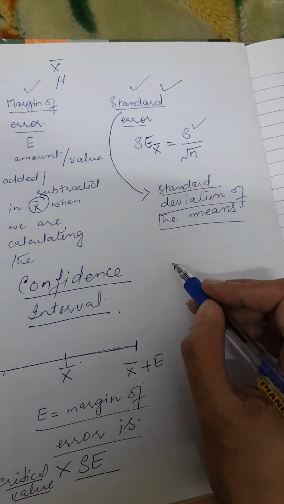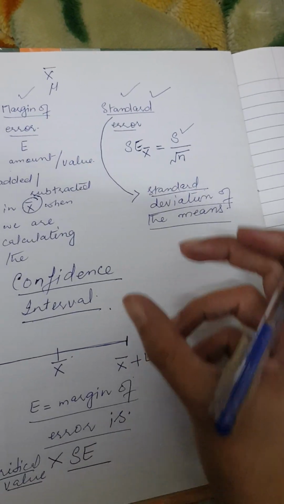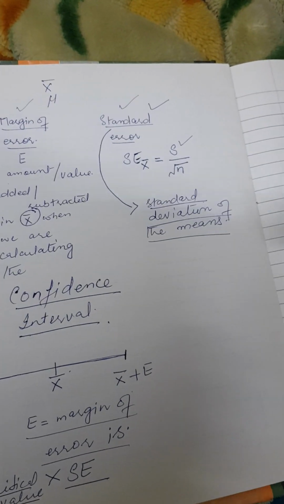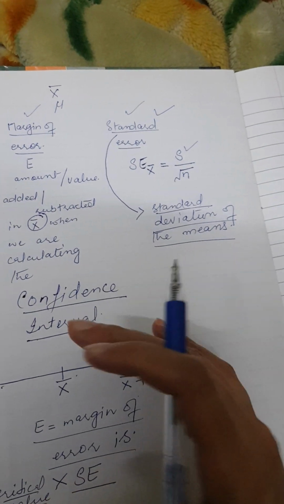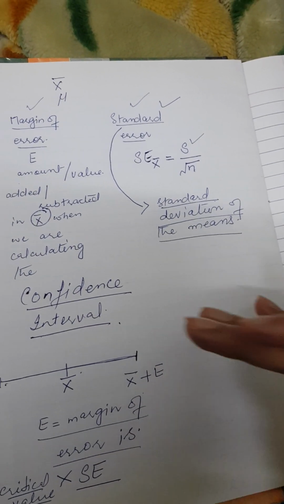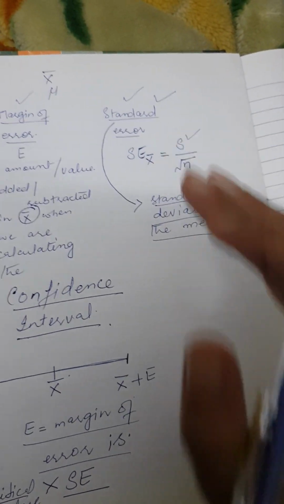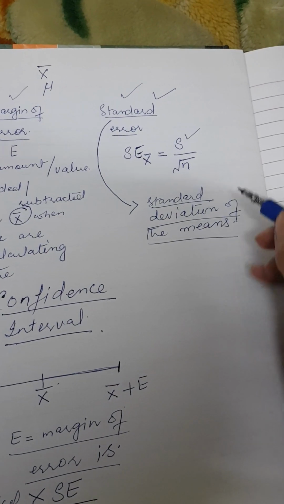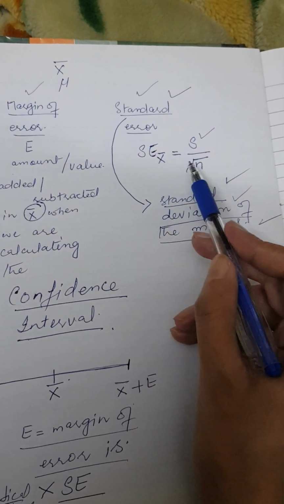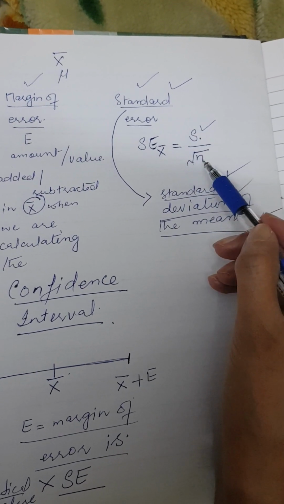Say we have a population and we take a sample and we get a mean of that data set. Then we again take a data set, and then we again take a data set. Each time we will get a different mean value. How much these mean values vary from one another is the standard error of the mean. Basically, it is the standard deviation of the means, and the standard error is calculated by the standard deviation divided by the square root of n.